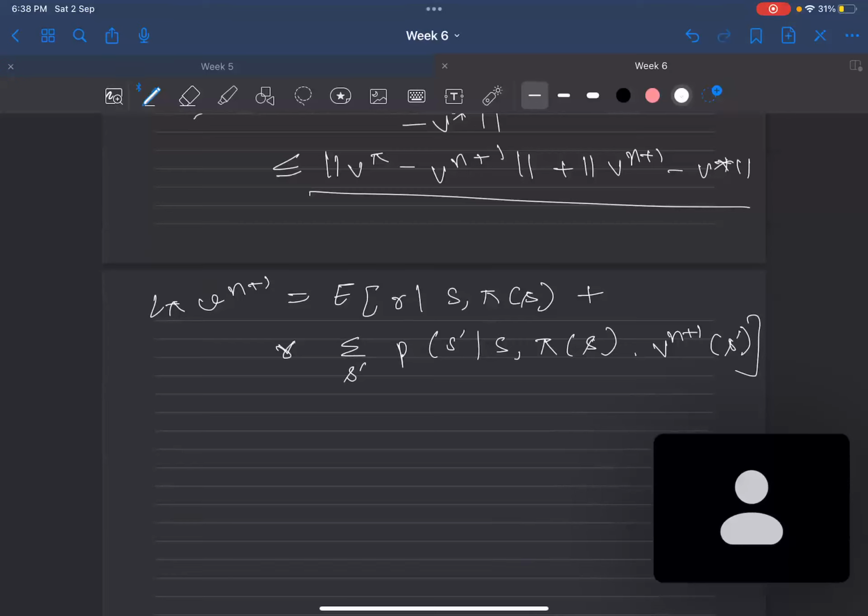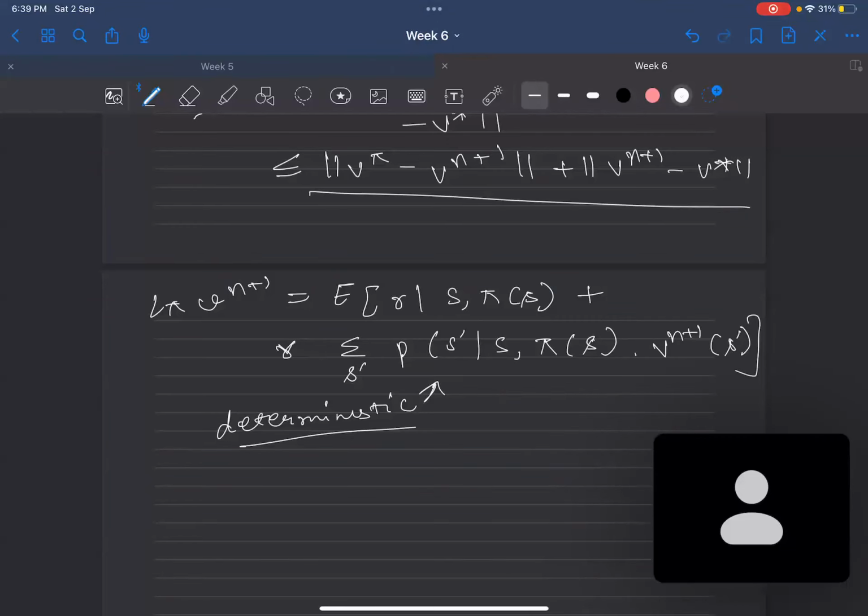Can someone explain this equation? Yes, can someone try?